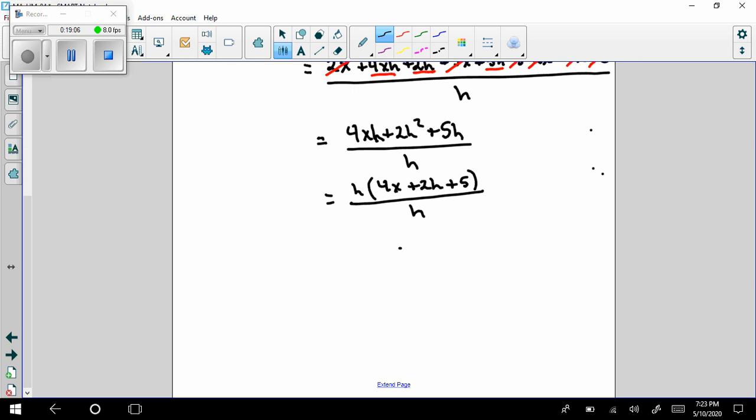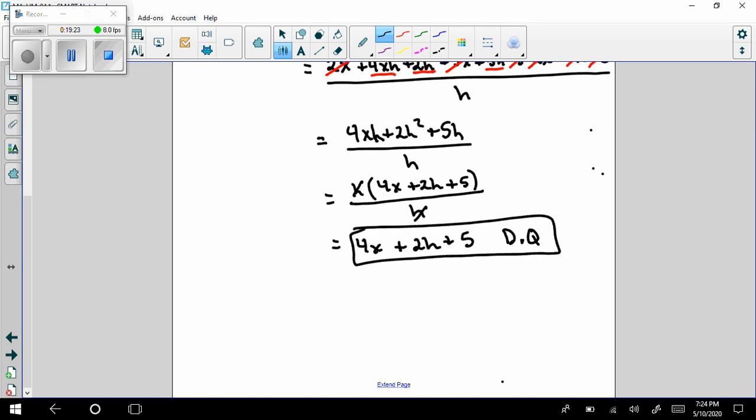I thought I'd made another mistake, but I didn't. The h is canceled, so my difference quotient is 4x plus 2h plus 5. So this is the difference quotient right here.